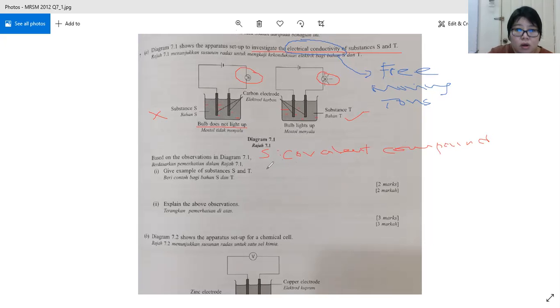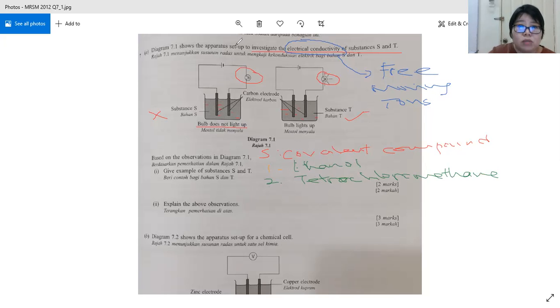Number 1, you can put ethanol, or you can put tetrachloromethane. I am giving you some examples that are familiar to you. Don't give examples where you are not familiar with them and you have problems in writing them. Okay, so now this is compound S.